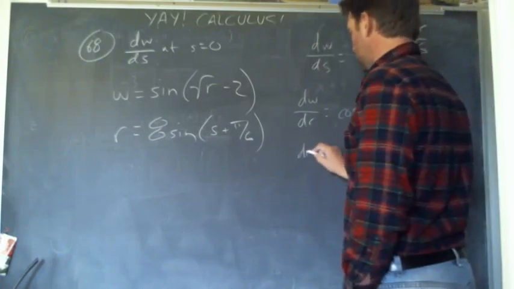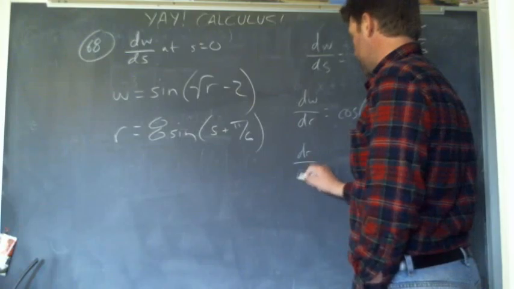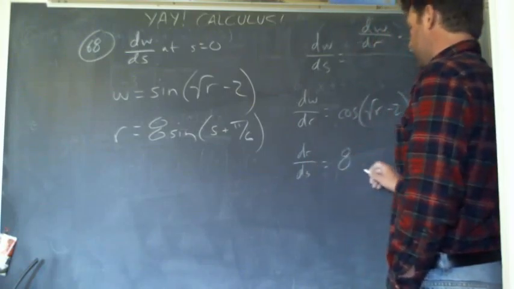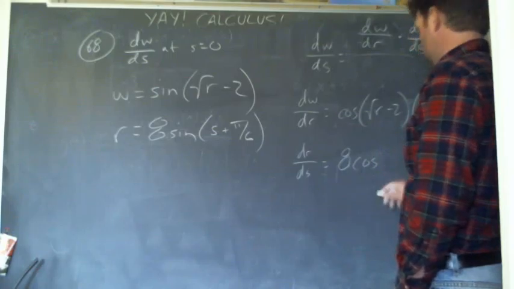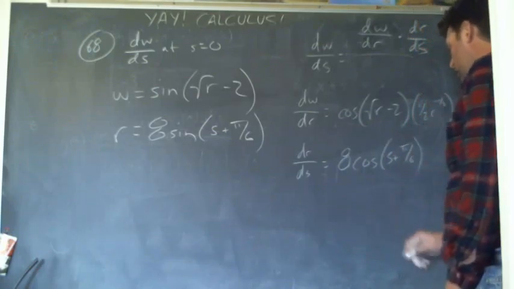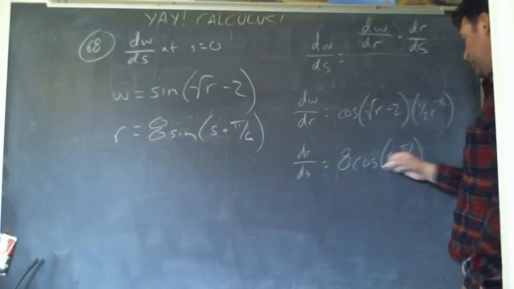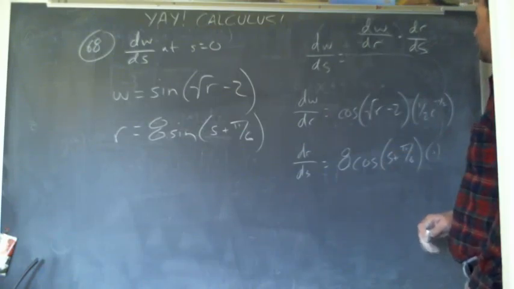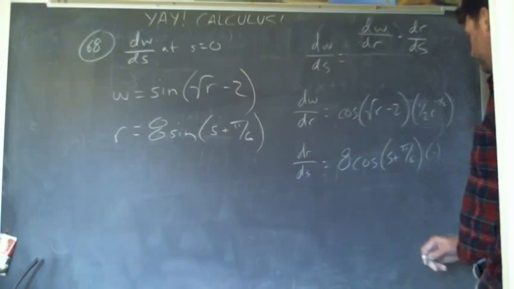And derivative of r with respect to s is going to be 8 times the cosine of s plus pi over 6 times the derivative of the inside with respect to s, which is just 1. We're good there.